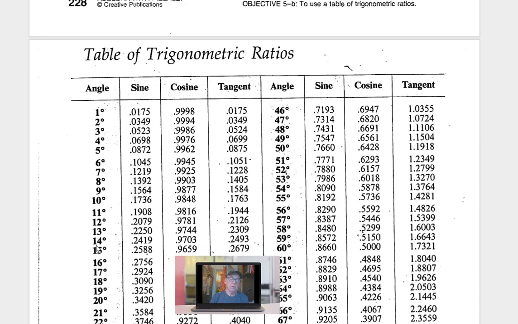And if we want to find tangent of 10 degrees, we go down to 10, go to the tangent column, 0.1763.